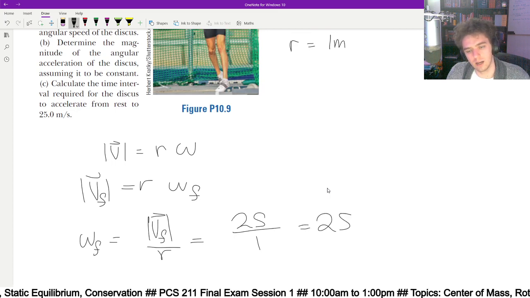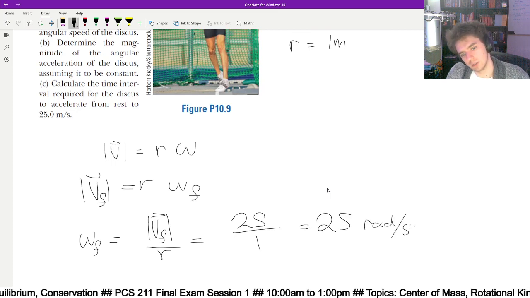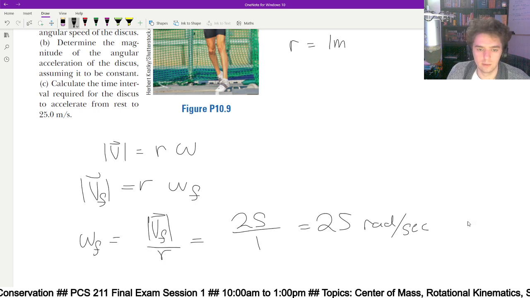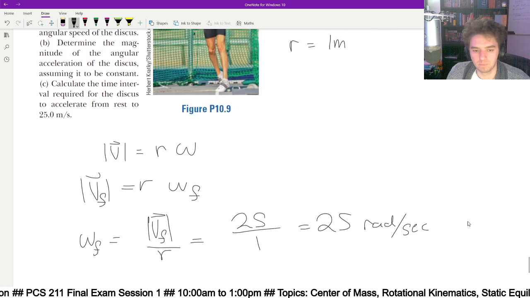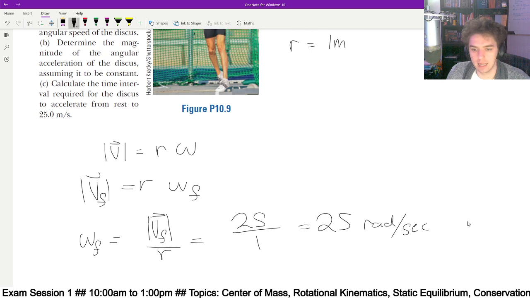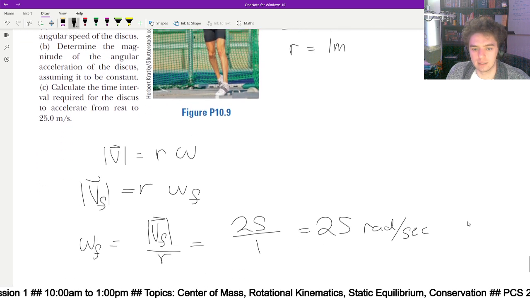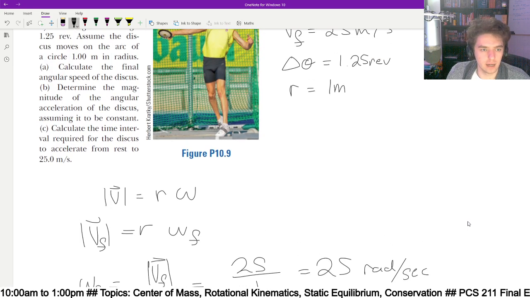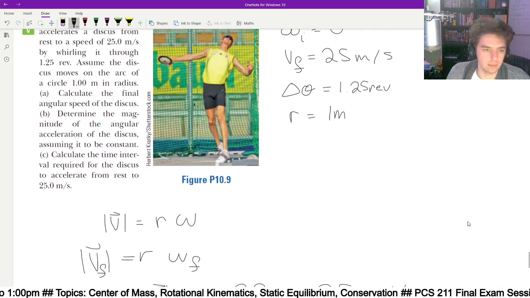So 25 radians per second. That's omega f. Okay, that's part A. Calculate the final angular speed: 25 radians per second.